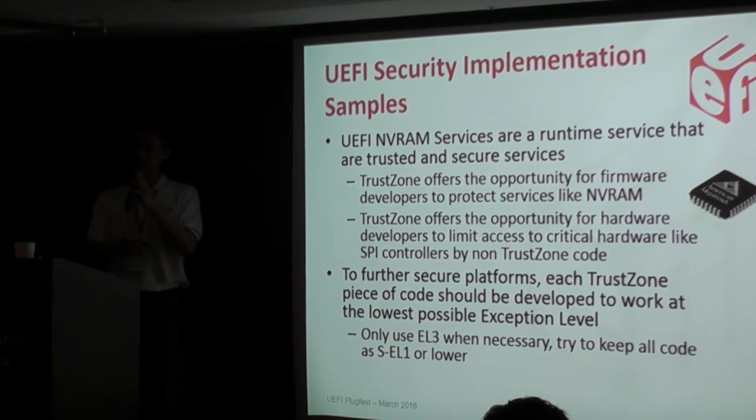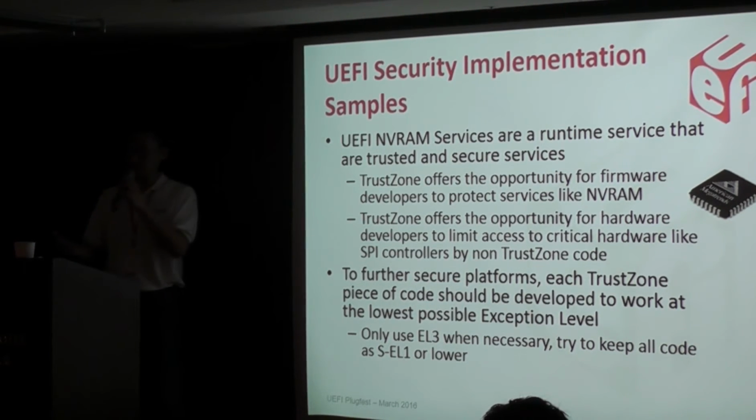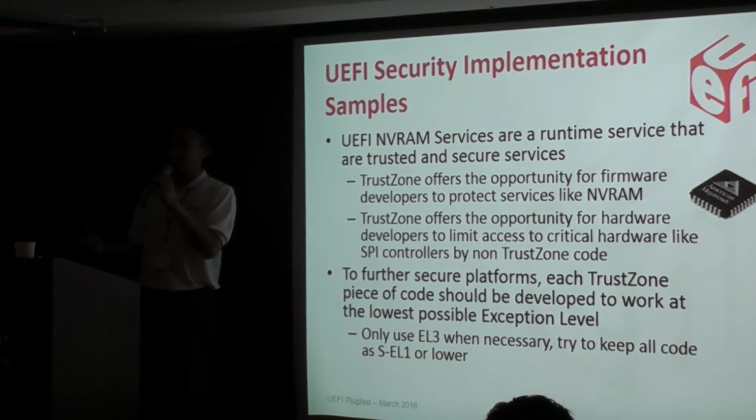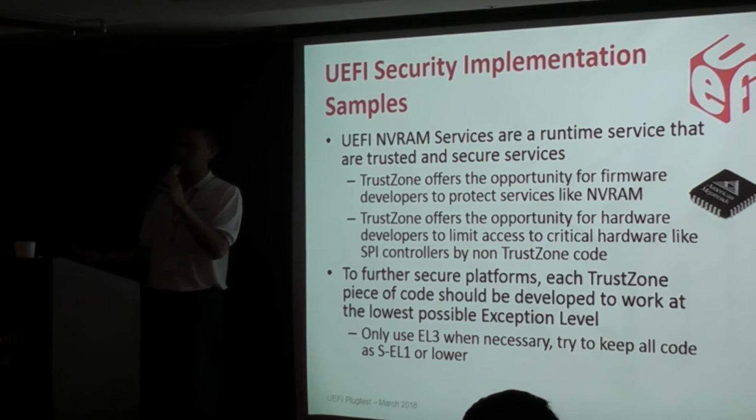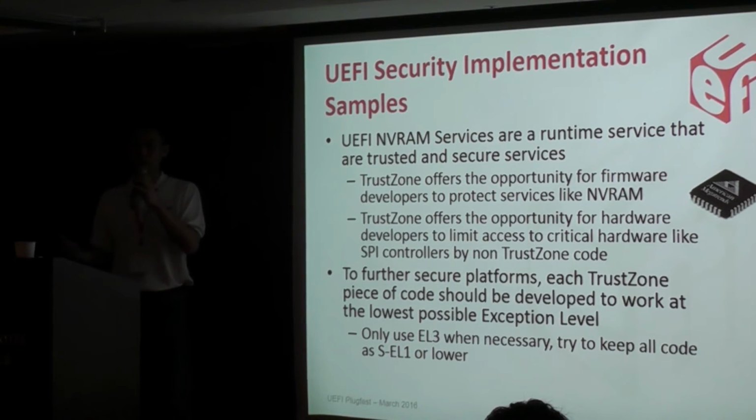If the way to program your SPI flash part can be accessed by malicious software, your system may be compromised. So a simple implementation is to move the NVRAM service to ARM TrustZone to secure the function that programs the SPI flash part. So that's it.